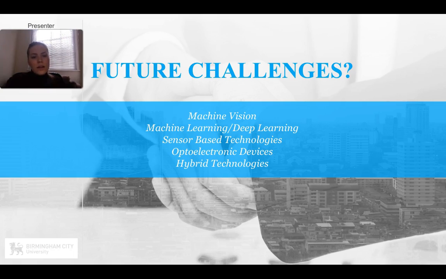So for instance, optoelectronic devices will start to integrate machine learning algorithms and machine vision to identify things like material finishes, semantic information that's attached to different objects, so for instance height and size and specification, even possible manufacturers associated with those objects. So hybrid technologies will be the amalgamation of these different types of technologies used for asset management, construction, and design.